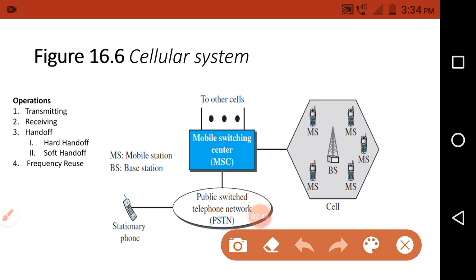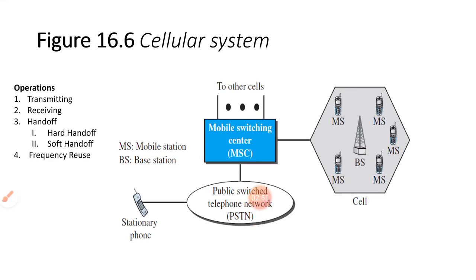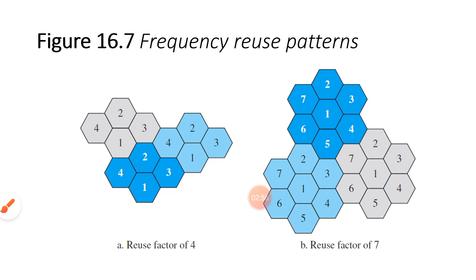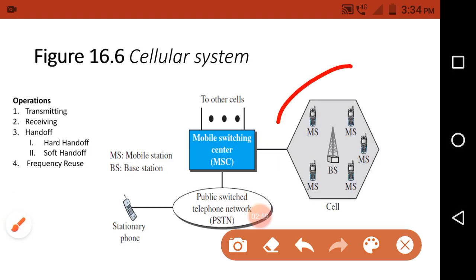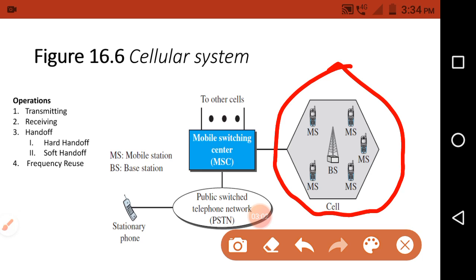Here each cellular area we have to divide into cells. The cell contains an antenna, and that antenna is controlled by the base station.